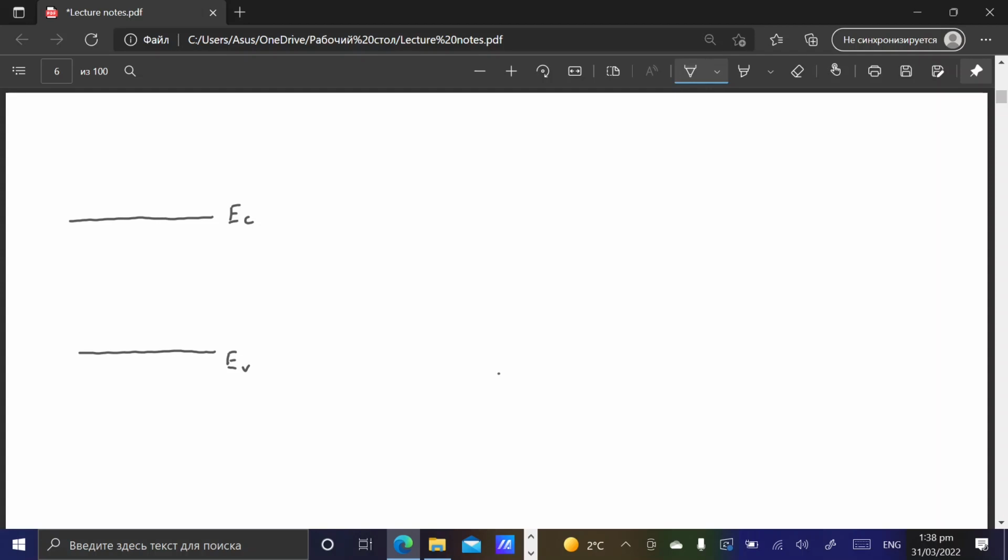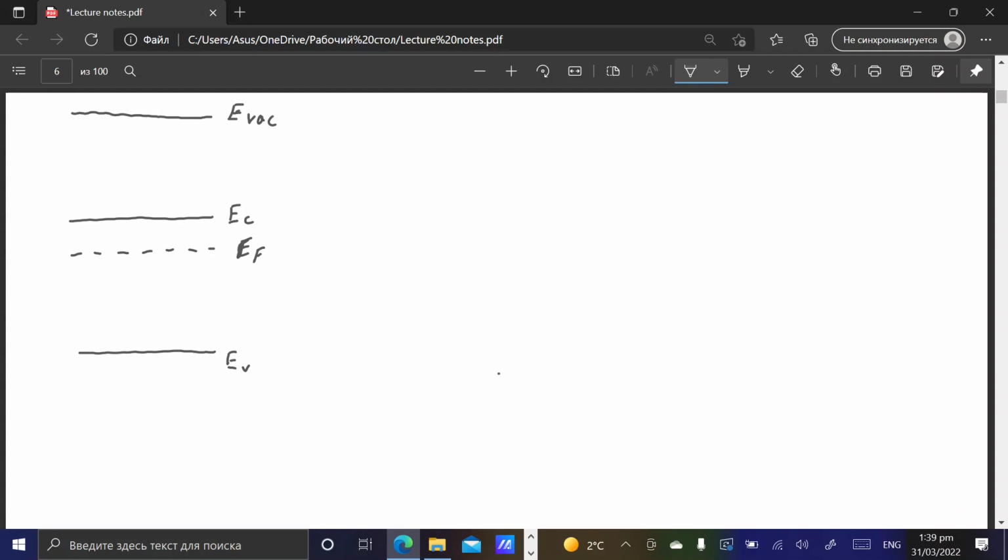Let's assume we have N-type semiconductor. So our Fermi energy level is located closer to the bottom of the conduction band. And here we will mark some so-called vacuum energy level.